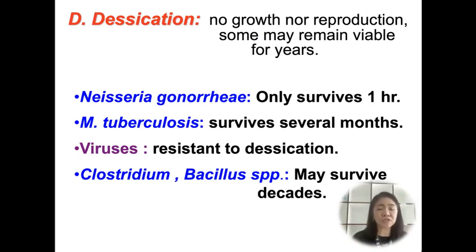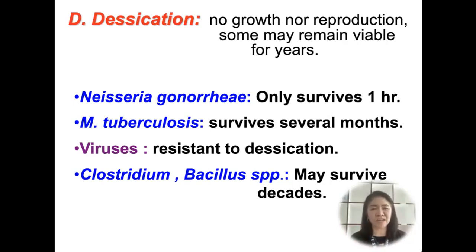Your TB bacillus can survive several months kasi nga naka-encase sila in the phlegm. Plus, unusual ang kanilang cell wall. Di ba ang cell wall nila nandun yung mycolic acid, which renders their cell walls waxy and so resistant yun sa labas ng tubig. It is able to keep water intact, no?